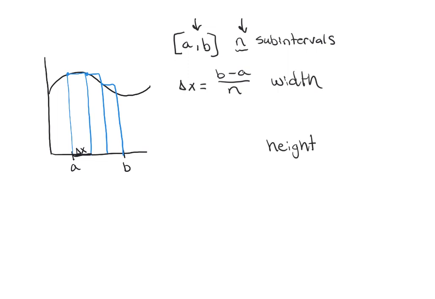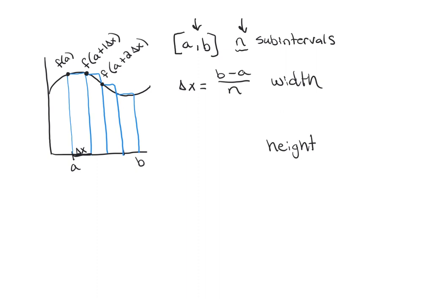So now how do we find that height? Well, if you look at the very first point, that height was at y value, so our function f at a. And then this one is our function at a plus one change of x. And then this one is f of a plus two changes of x.